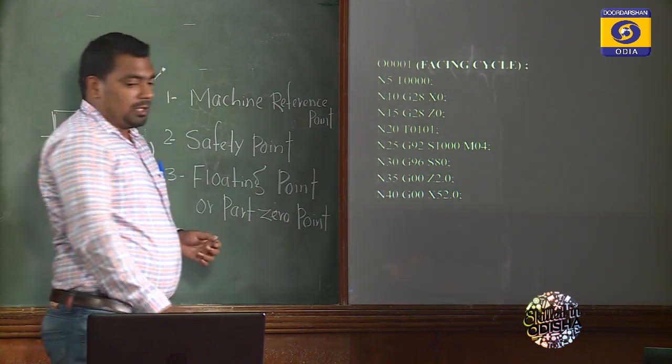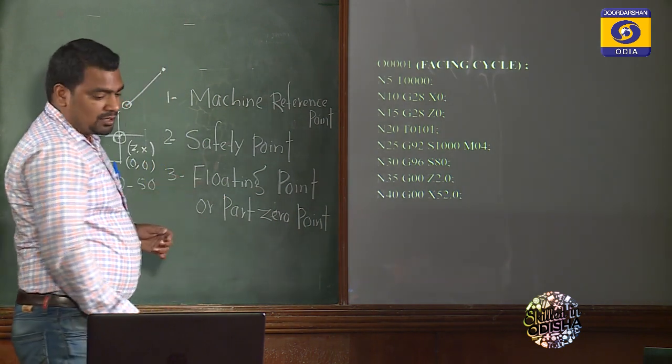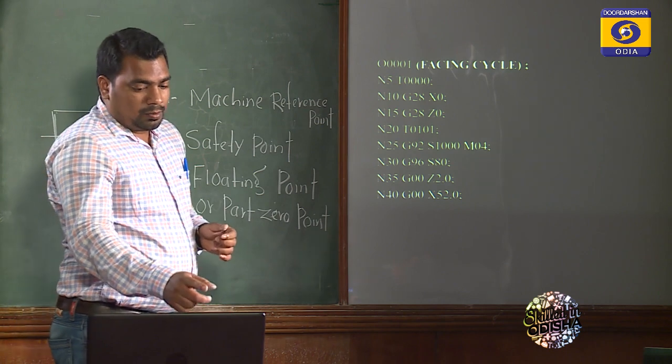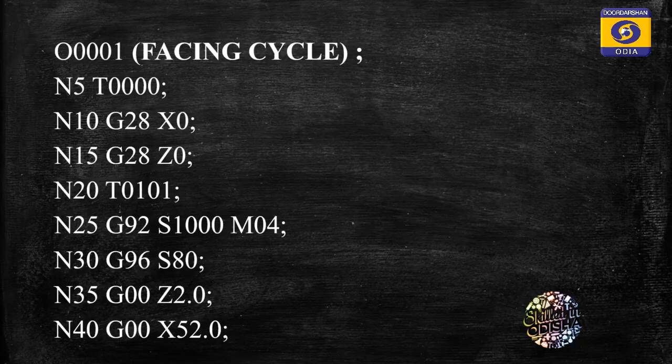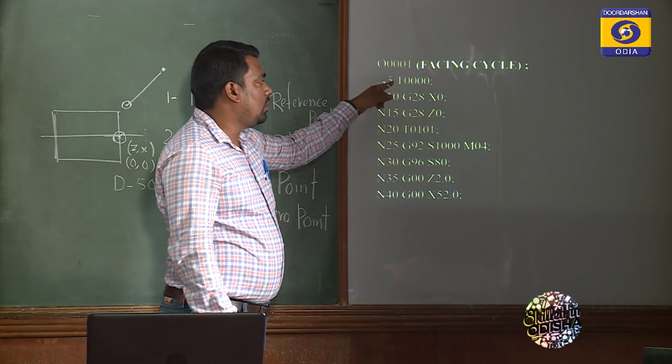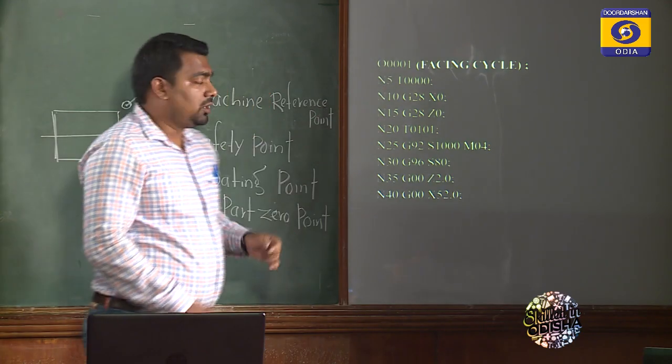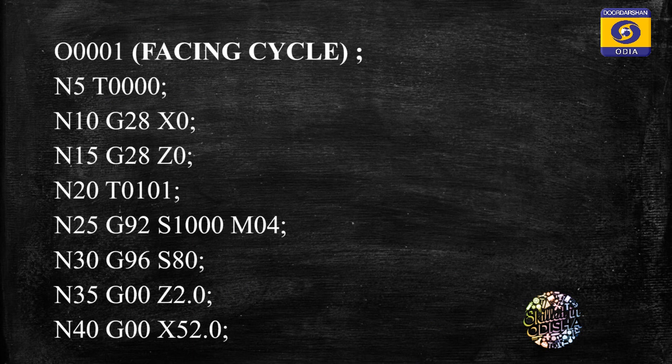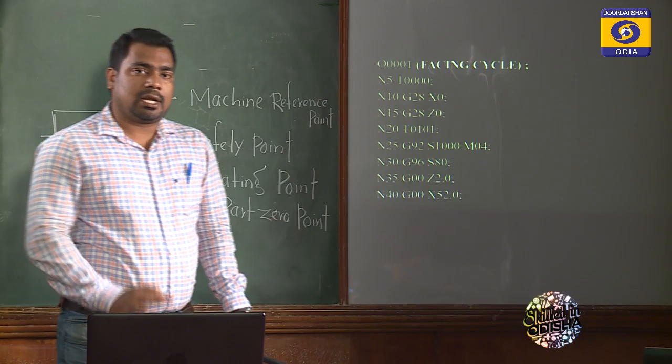So in this slide I have discussed, I have cancelled the T00 point, that means I have cancelled the tool number and tool offset number. Now what is mentioned? G28X0 and G28Z0. G28X0 defines that actually I don't know where my machine turret stands now.